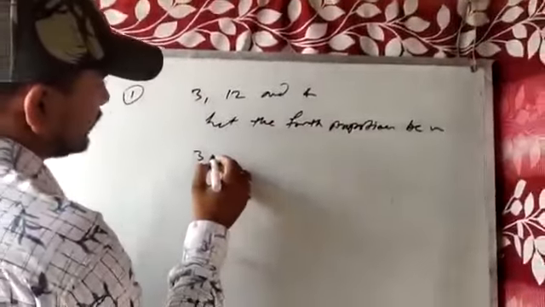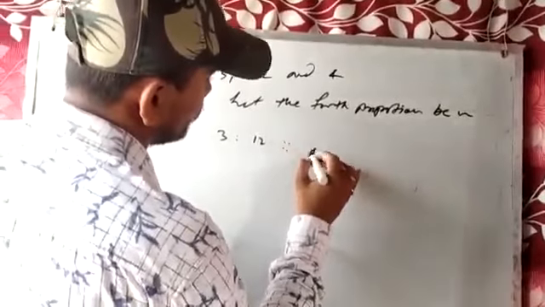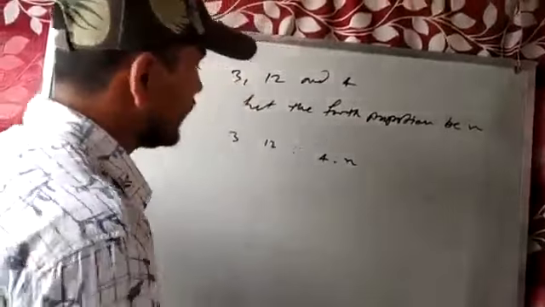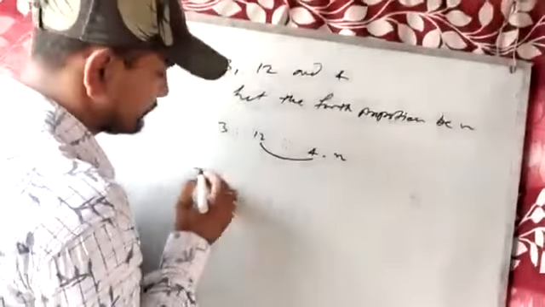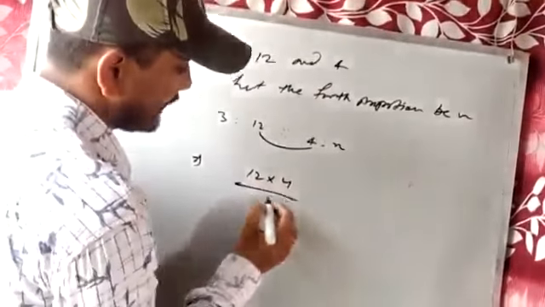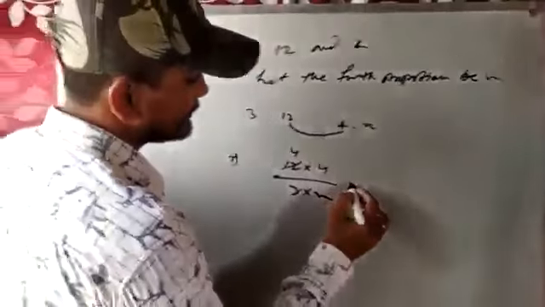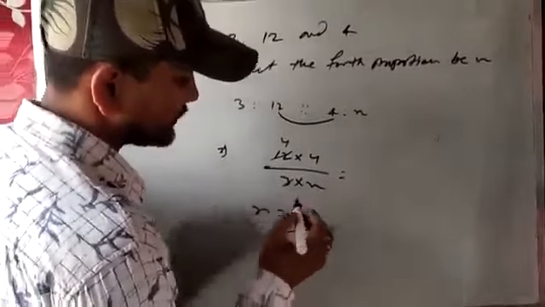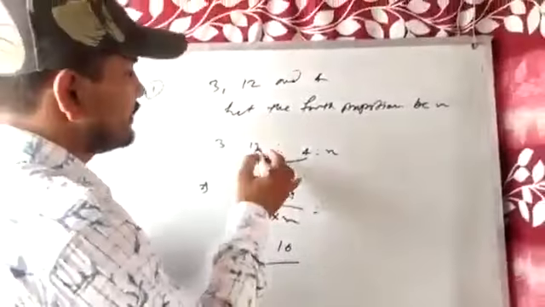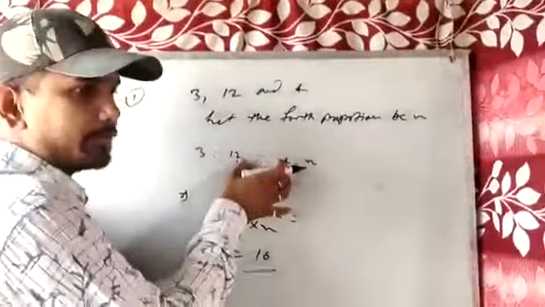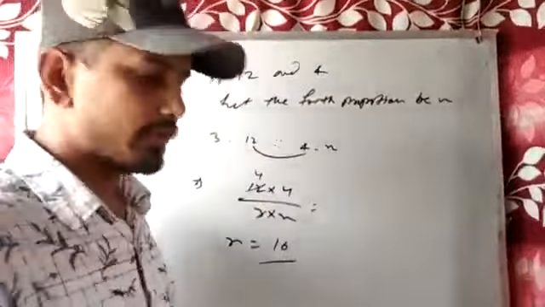So we can write 3 is to 12 is to 4 is to x. Now you have to multiply 12 into 4 by 3 into x. See, 4 4s are 16. So the value of x equal to 16 and the fourth proportion is 16. So you can simply multiply the second and third terms and divide by the first. You will get the fourth proportion.